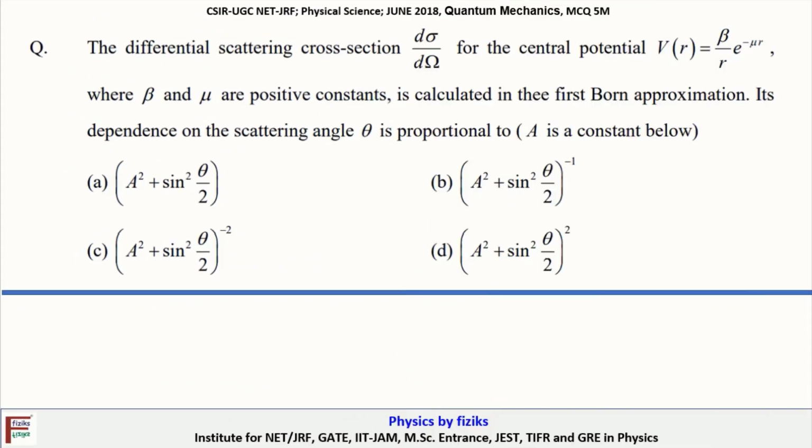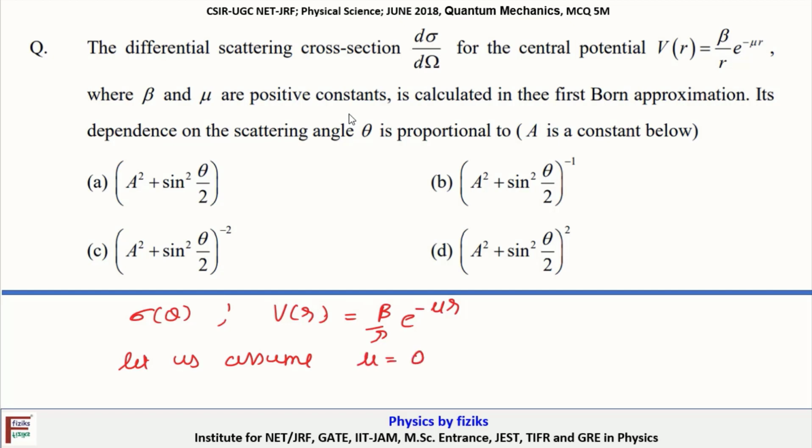This problem is related to quantum scattering, in which we have to determine the differential cross-section sigma theta for potential V of r equals beta r e to the power minus mu r. Now, we would be solving this problem by assumption. Let us assume mu is equal to 0.